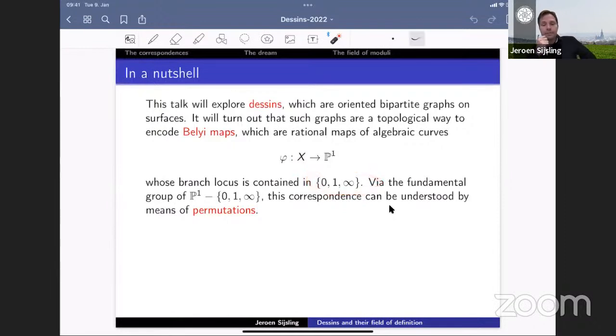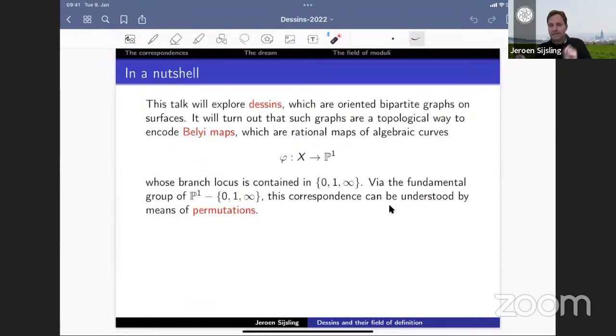And those morphisms are very special. I will give you some applications of those, and I will also describe to you why there is such interest in these maps. But you can also describe them in a fairly concrete way. Namely, there is a theory of the fundamental group of the projective line minus 3 points, and it means that you can just understand your Dessins by means of permutations.